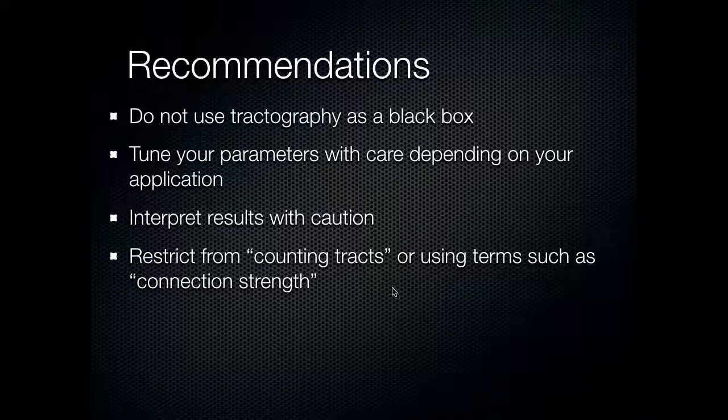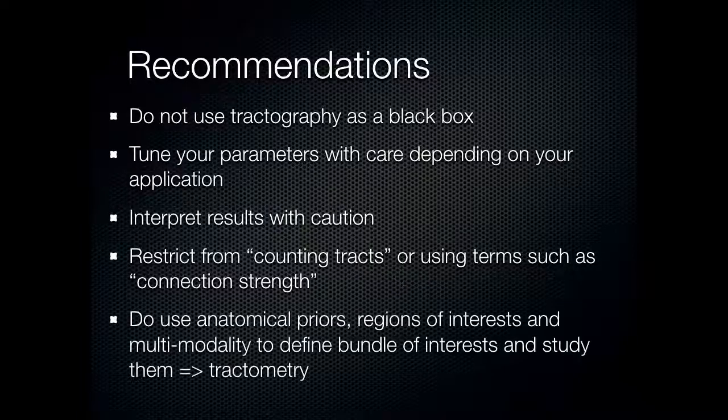I haven't talked about connectomics here today because the goal was tractography, but you've seen enough of the limitations to say that counting tracks for now is dangerous. And do use anatomical priors, regions of interest, or multimodality if you have them, to start defining bundles and start performing tractometry or studies of tractography bundles.